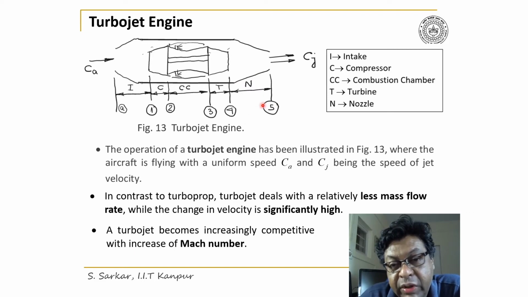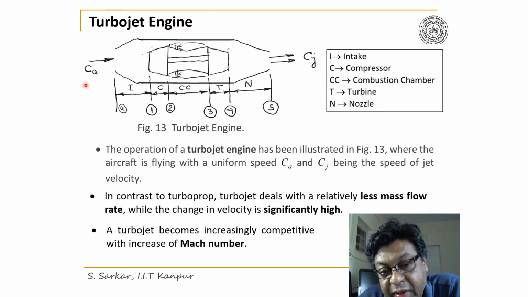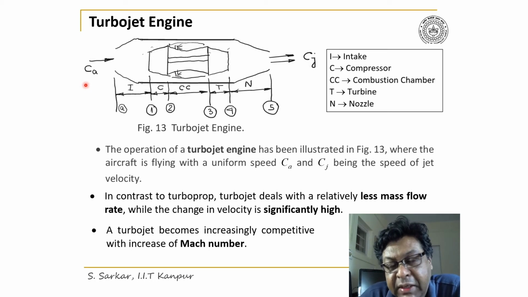Now, the jet velocity that the nozzle produces is much higher than the aircraft velocity CA, and CJ is the agency which creates the thrust.